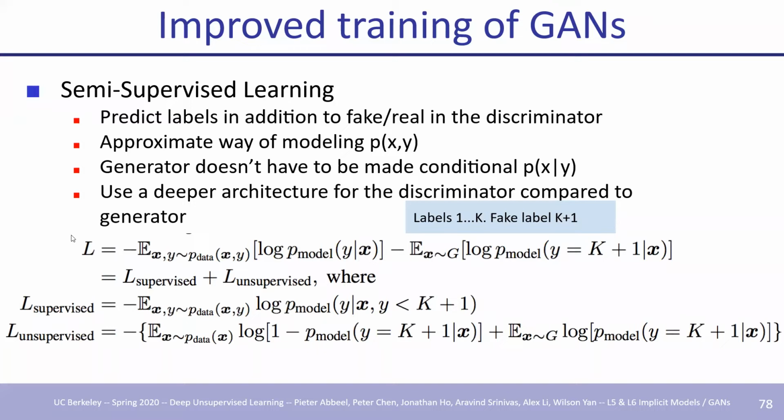So the loss function here is that you want to be able to detect the class given X, right?